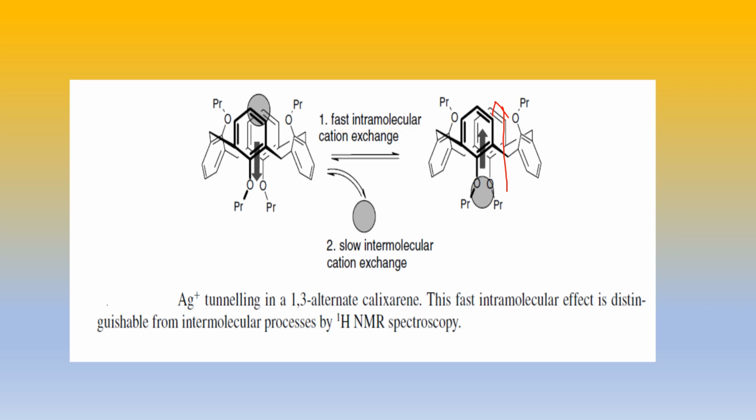So when it is moving away from one calixarene to another calixarene, it is intermolecular cation exchange, and this will be very slow, but the intramolecular cation exchange, that is moving inside the calixarene molecule, will be very fast. So it is moving from upper rim to lower rim, again from lower rim to upper rim. So it will be very fast, it has been noticed in the H1 NMR spectroscopy.